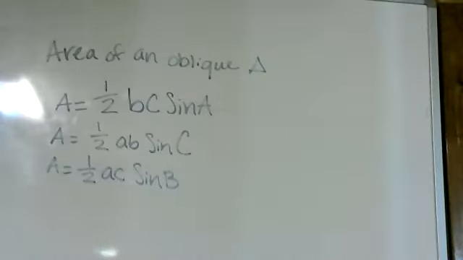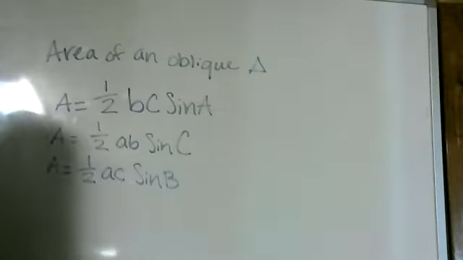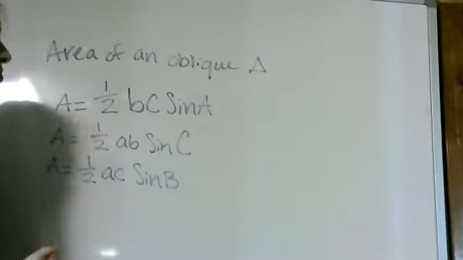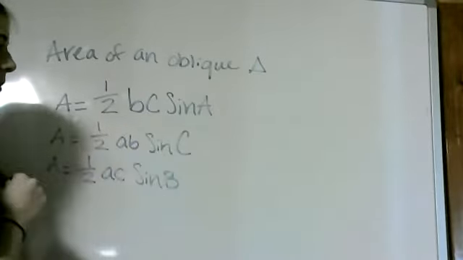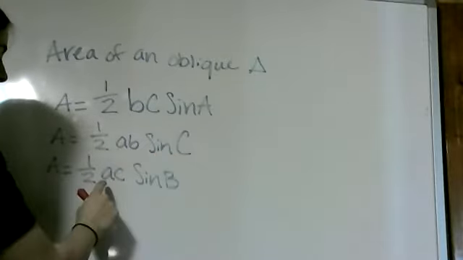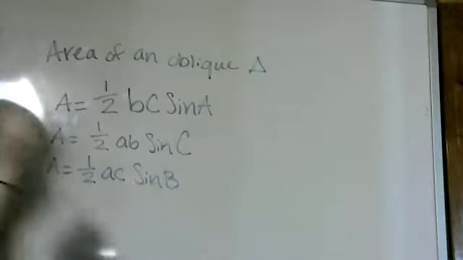If you know one of them, you can basically figure out the rest. Either their side lengths are used or the angle measures are used. So if we already use B and C, it's going to be angle measure A. Side length AB, angle measure C. Side length AC, angle measure B.